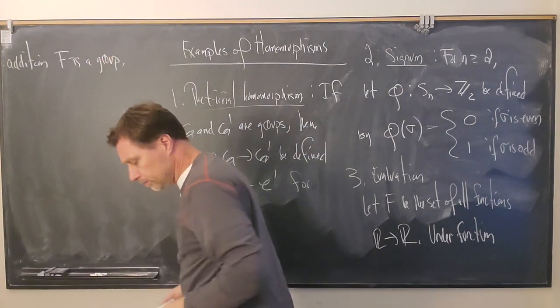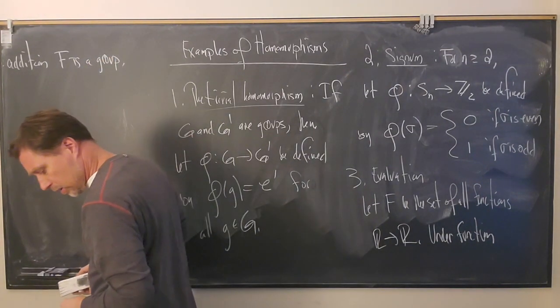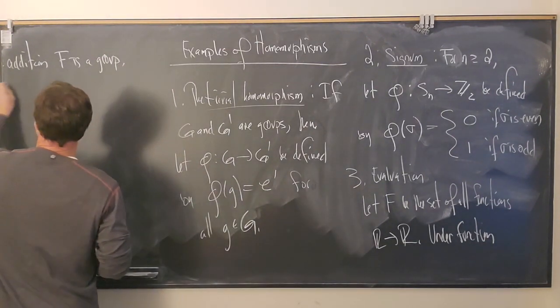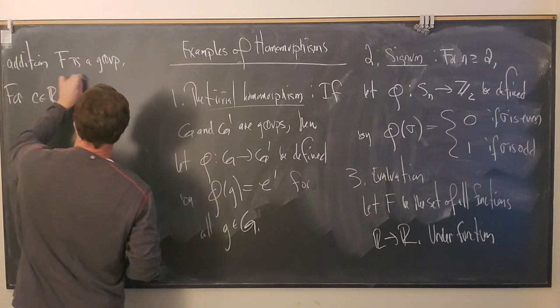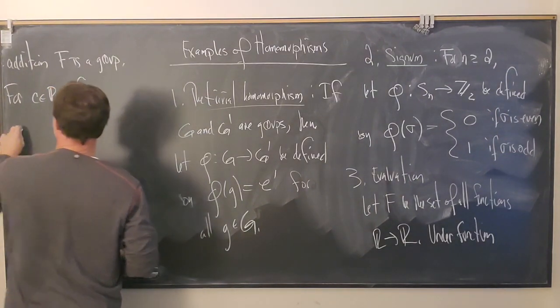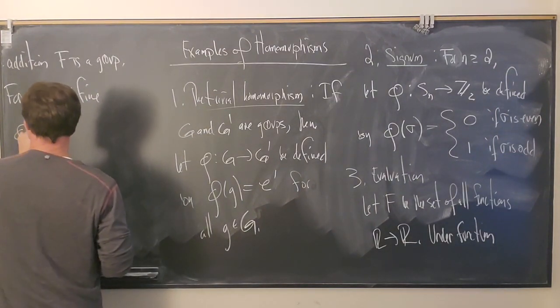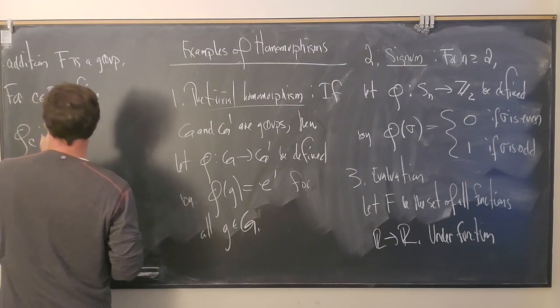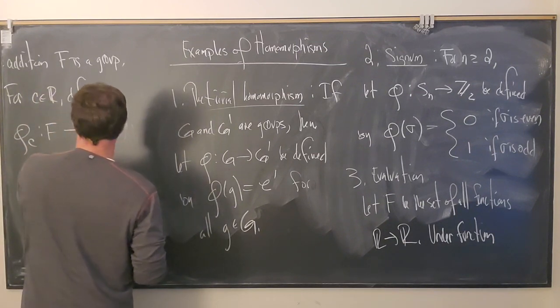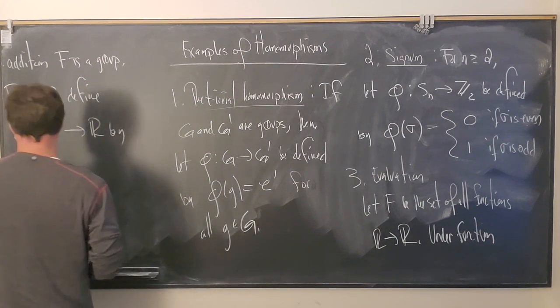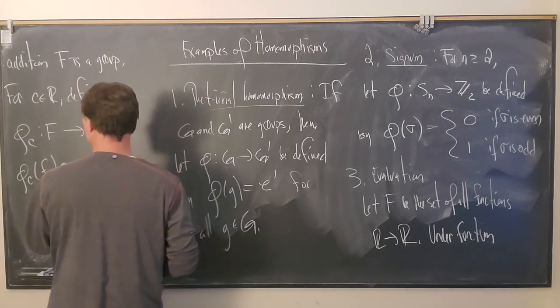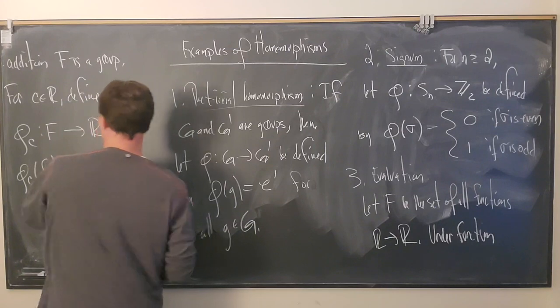And now let's choose a real number. So for little c in capital R, define phi sub c from F to R by phi sub c of the function f equals f of c.